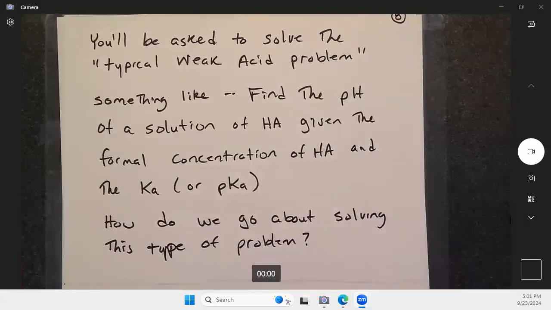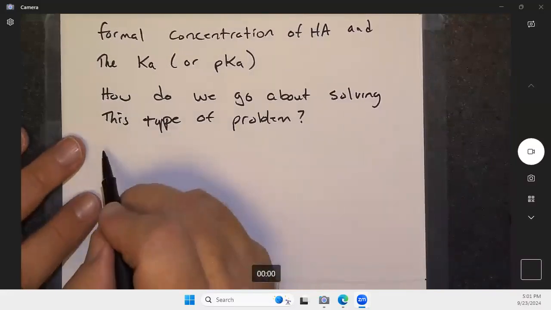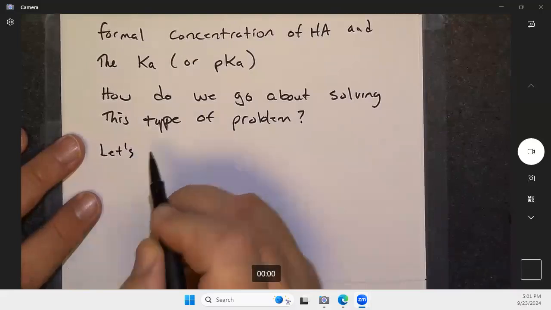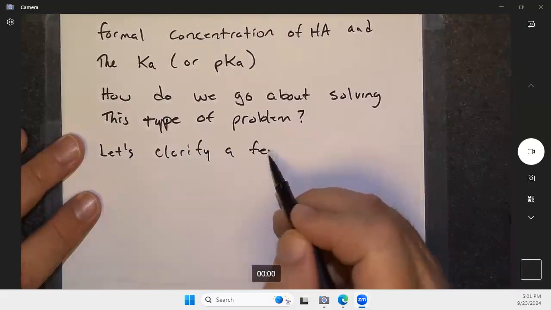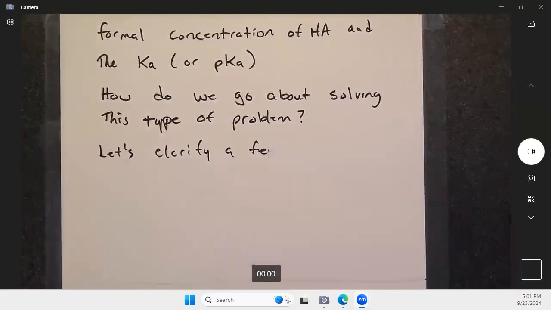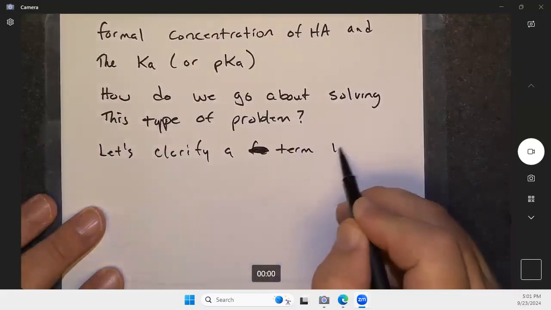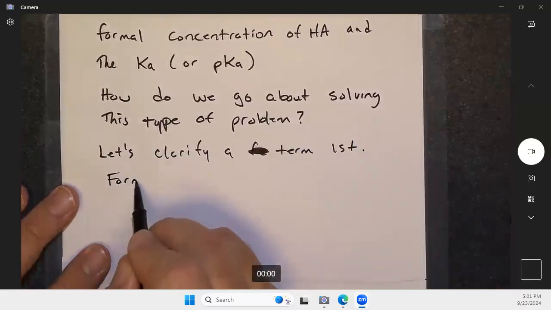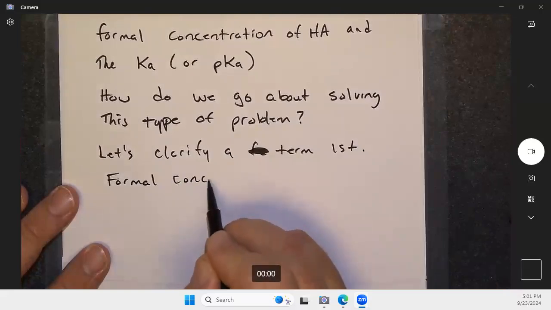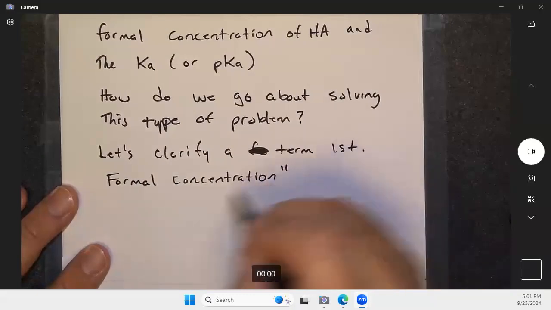We need a plan. So let's touch upon a few things first. Let's clarify a term, and that term is formal concentration.